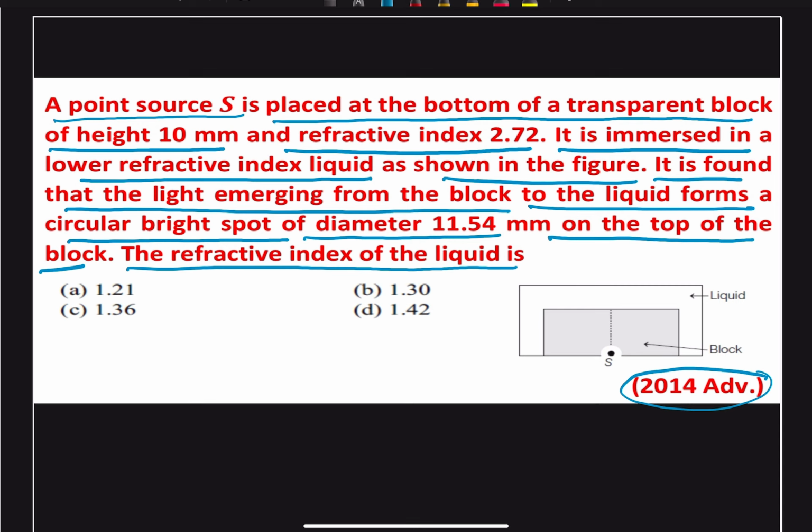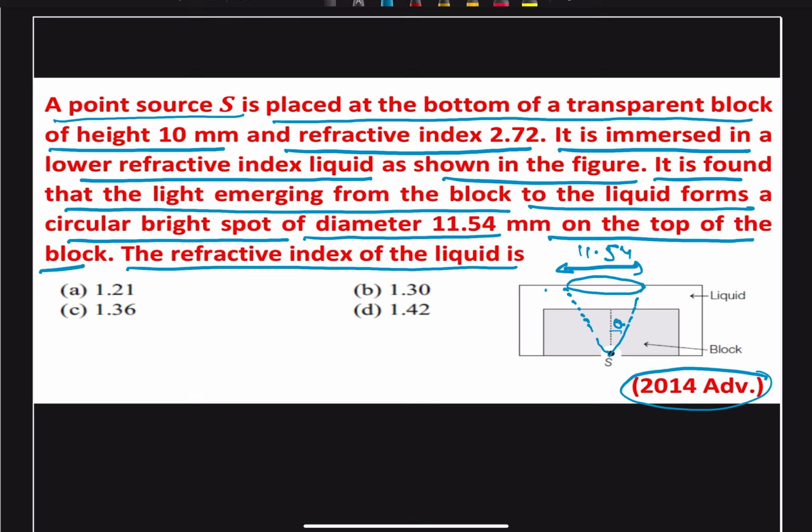So we are given the source, and it is said that a circular bright spot is formed at the top of the liquid. So we can just draw something like this, and the ray of light will be forming like this. So we can assume that let this angle be theta, and we are given its diameter, that is 11.54, and we are given that the height is 10 mm.